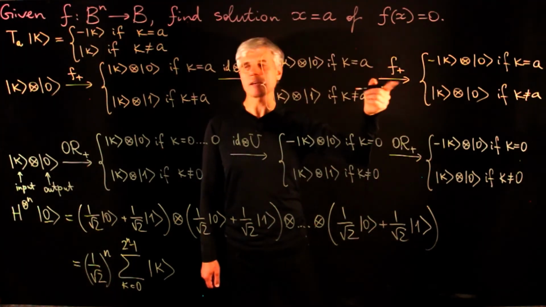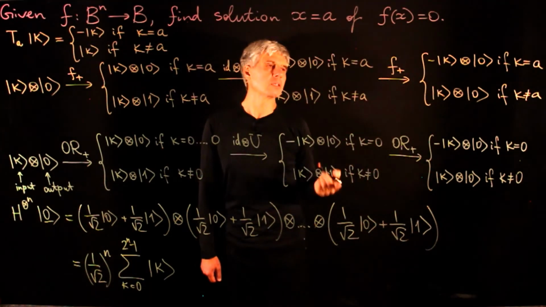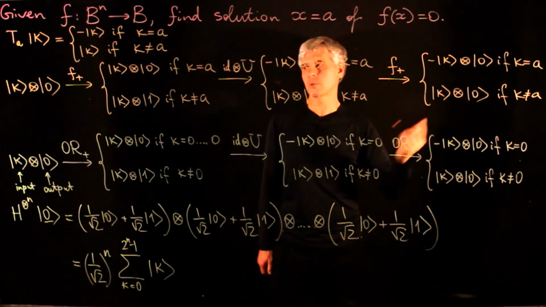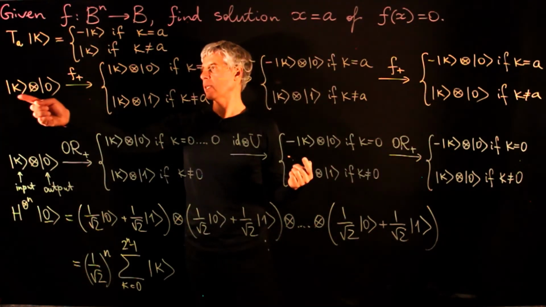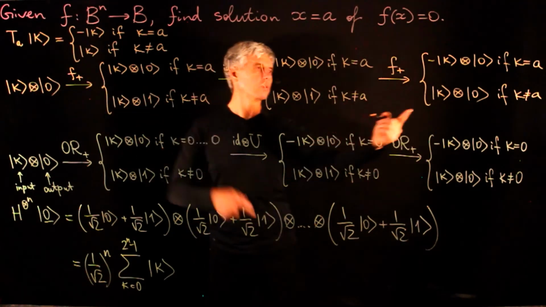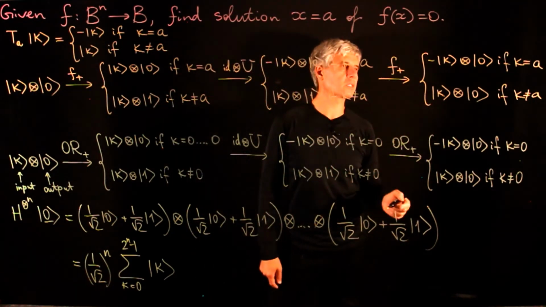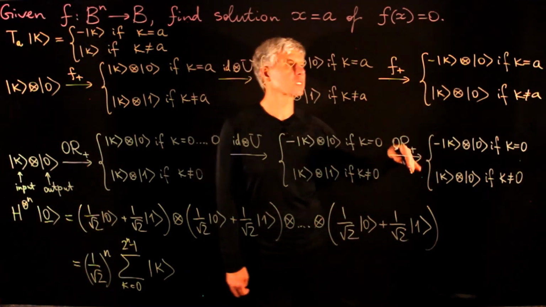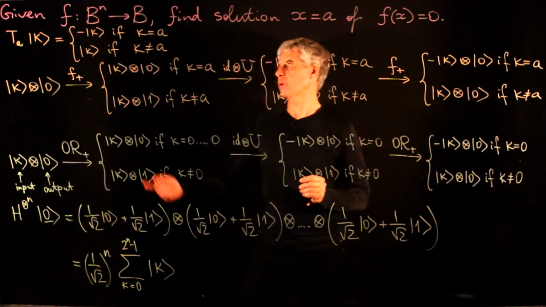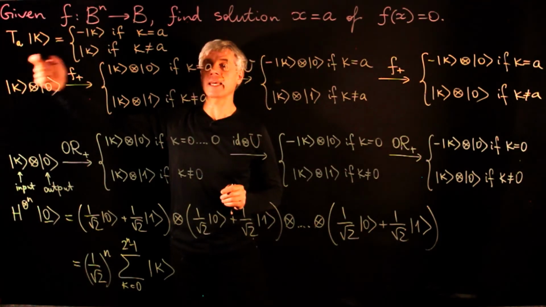So we know that f plus applied twice gives us identity transformation. So this means that f plus applied to |k⟩ tensor 0 twice will give us back |k⟩ tensor 0. And we see that the last quantum bit now is decoupled, and essentially we get this reflection T_a.